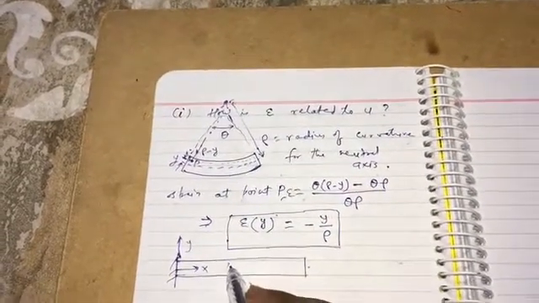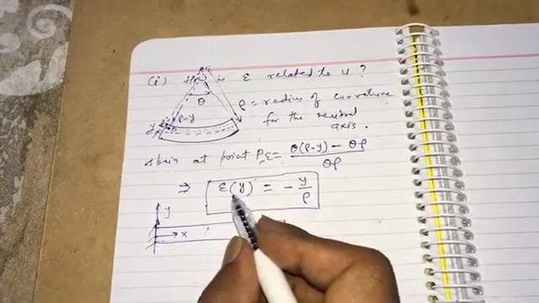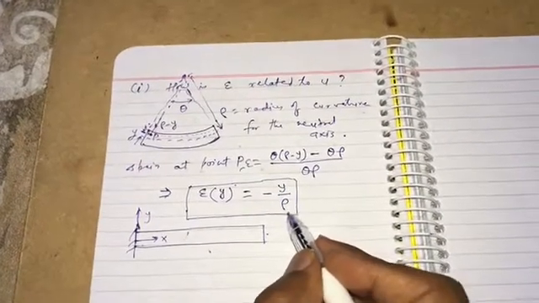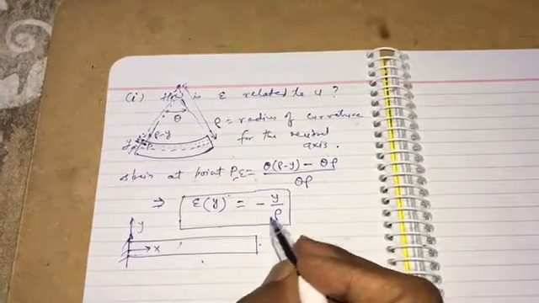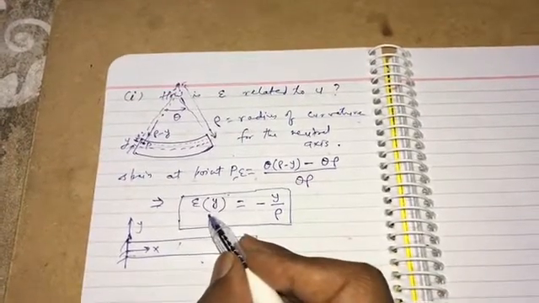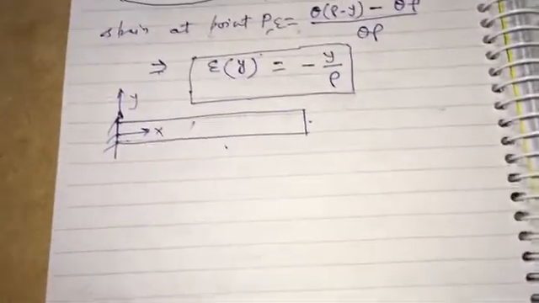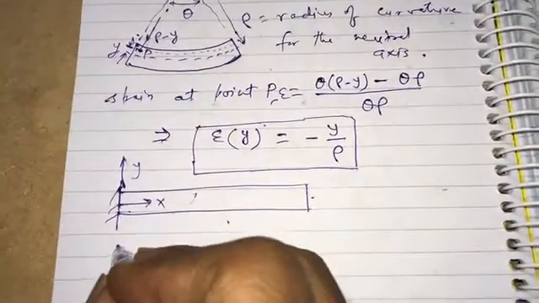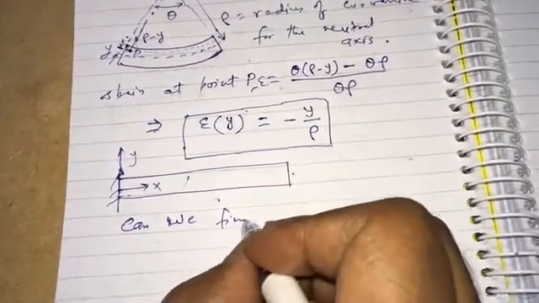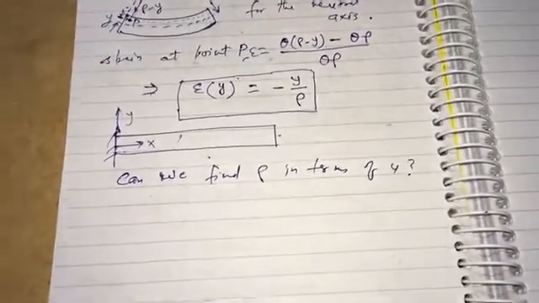Depending on the y coordinate of a point, you can calculate what the strain will be if you know rho. Rho may have displacement. So if we somehow get rho as a function of displacement, then the strain here will also be a function of displacement. That's what we have to find out now. So the question is, can we find rho in terms of u?